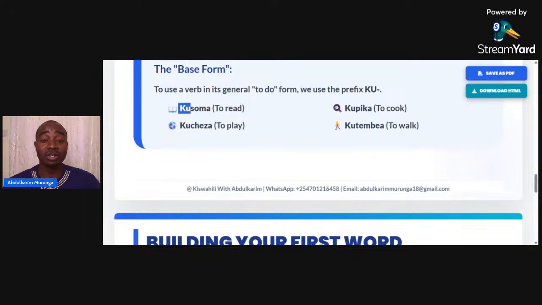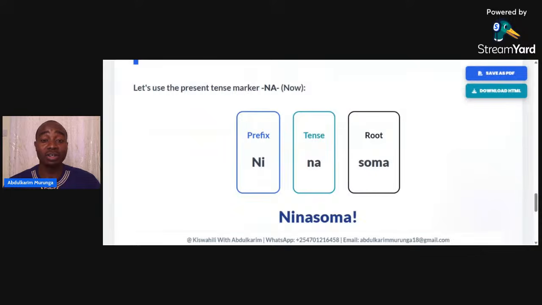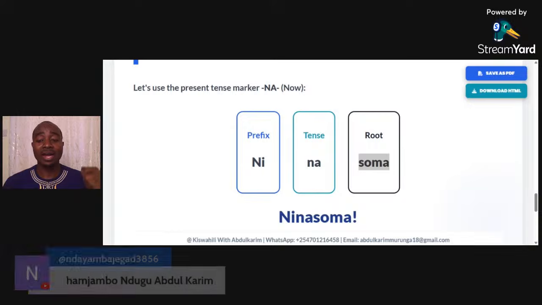Now we take soma and make our first word. The present tense is normally represented by na. Remember what we said? Ni is the prefix for I. Na is the present tense. Then the verb without ku, soma. Nina soma, and you already made your first word. Nina soma, I am reading.